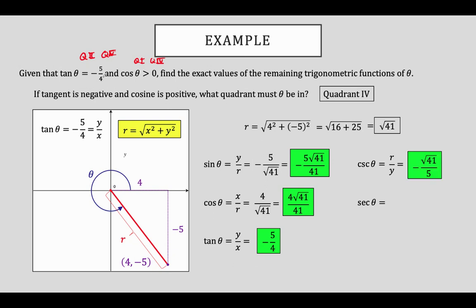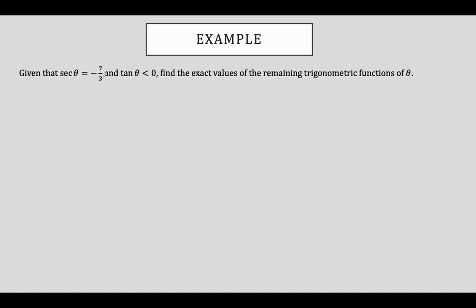Secant is the reciprocal of cosine. R divided by x. That's √41 divided by 4. And cotangent, which is the reciprocal of tangent, is x divided by y, leaving us with -4/5 for our answer.